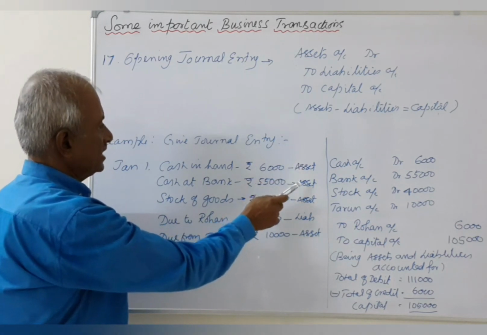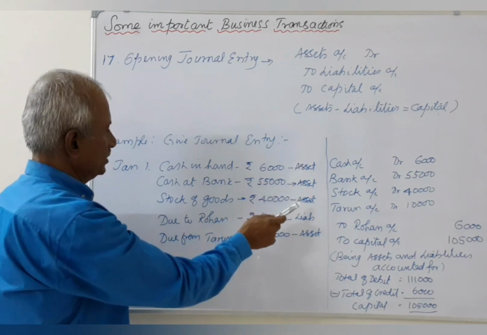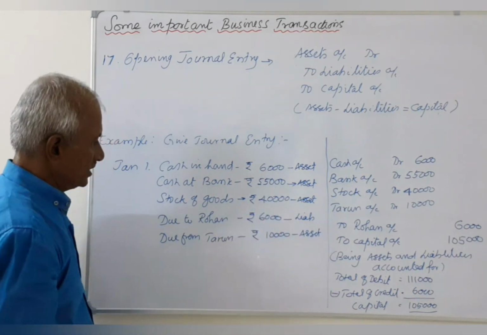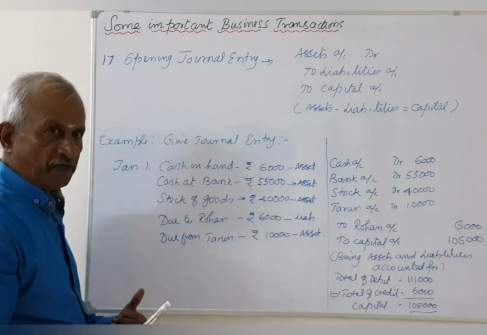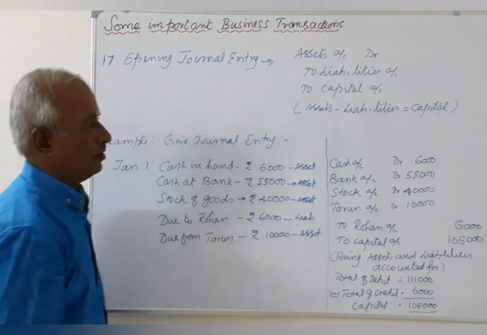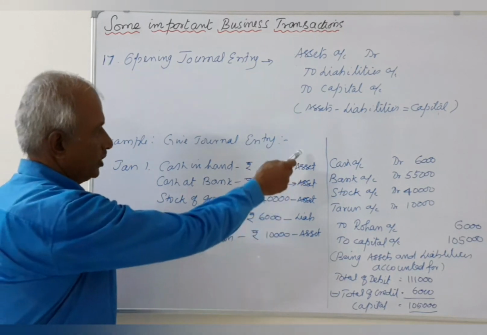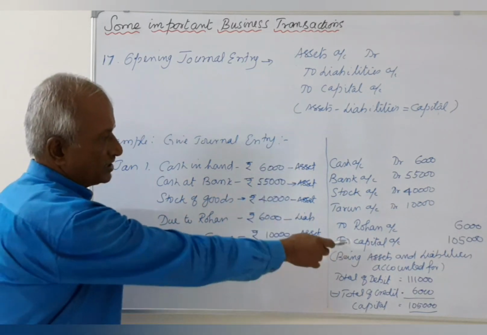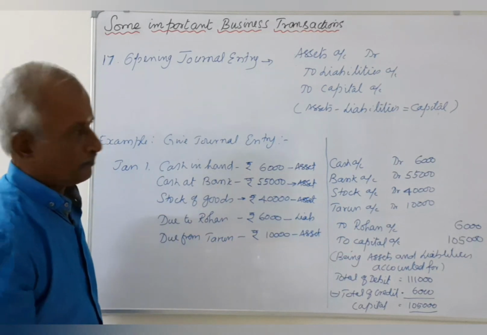Cash in hand is an asset, cash at bank is an asset, stock of goods is an asset, due from Tarun is an asset because you are going to receive money from Tarun and you have to pay money to Rohan, so it's a liability. So debit all assets account, credit all liabilities and take the difference as capital.